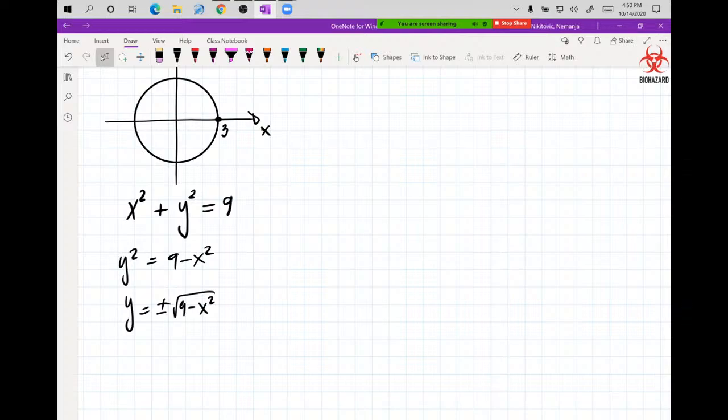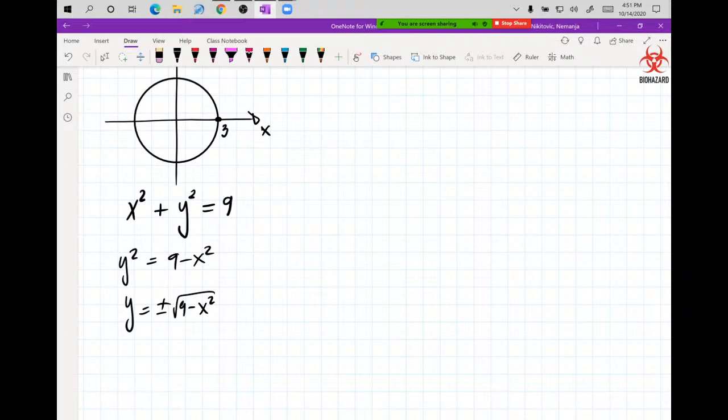For every x in the domain, there is a unique y in the range. So pick a unique x in the domain over here. Let's say you pick x equals 2. How much is that? It's going to be plus minus root 5. That's 2 y's associated with a single x. And that's a no-no for functions, right? So it's not a function.